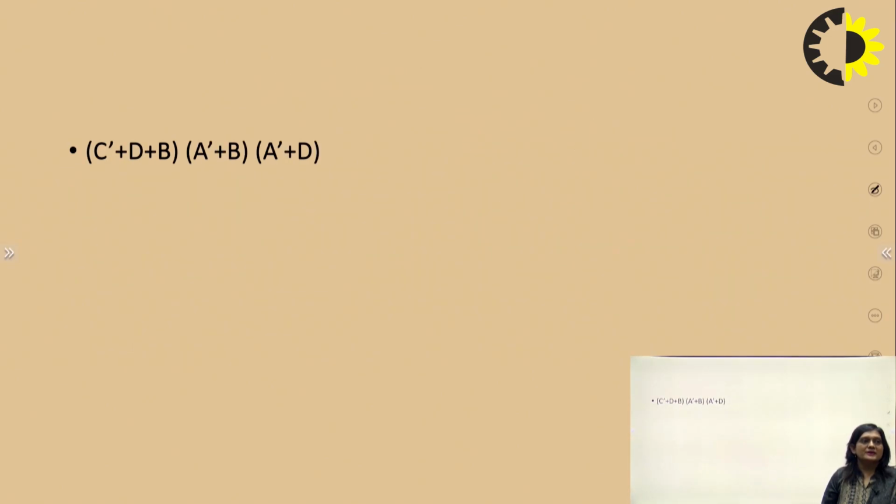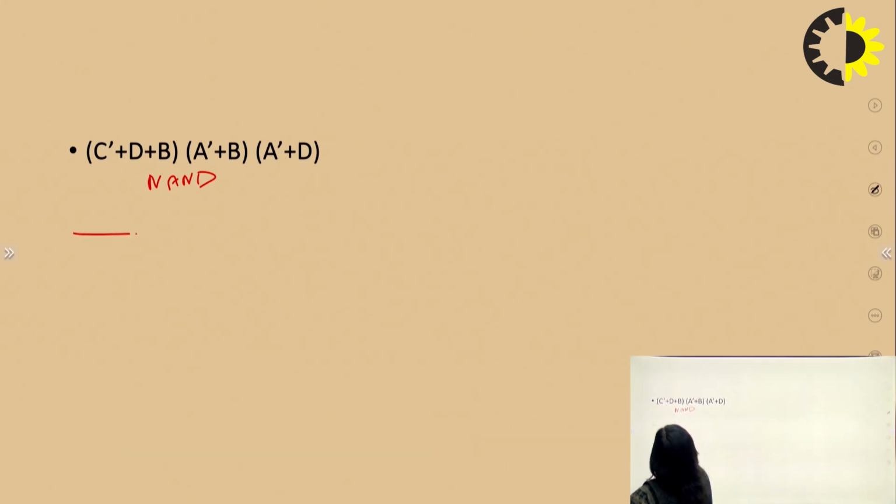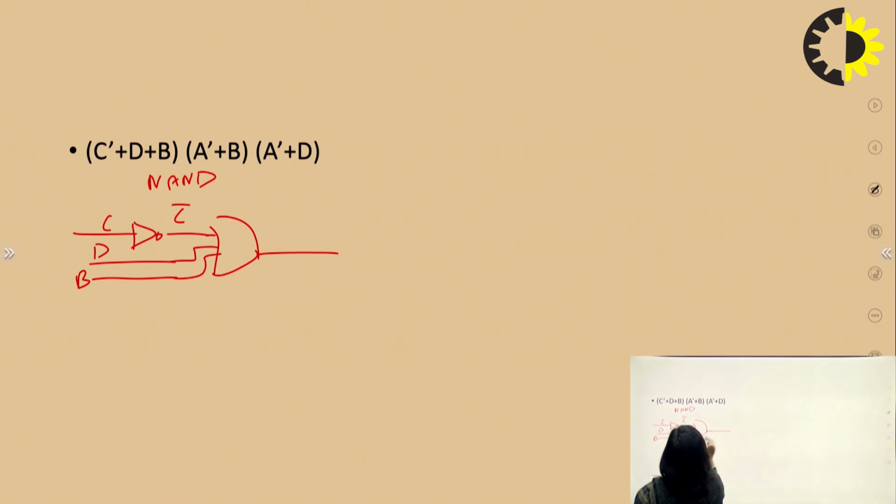Now we can implement this expression also with the help of NAND and NOR. So first of all, we are doing with the NAND gate. So for that, we have to draw with the basic gate first of all. So this is the C bar, and then D, and then B, and OR operation is there, so it will be passed through the OR gate.